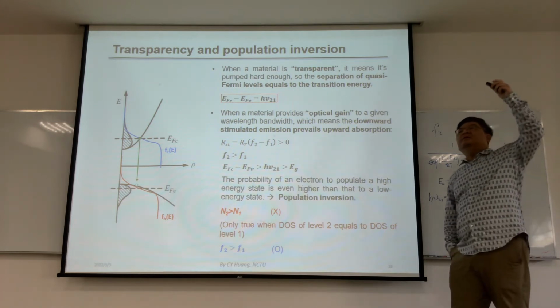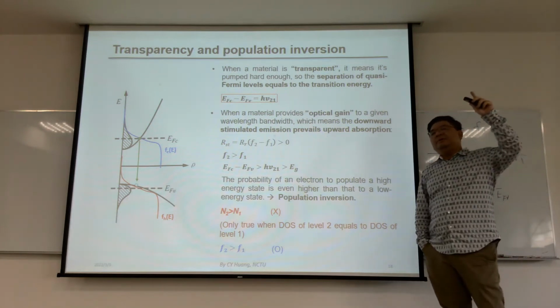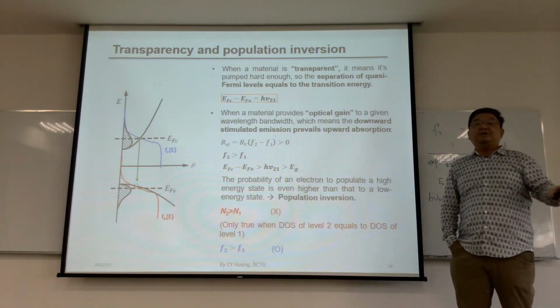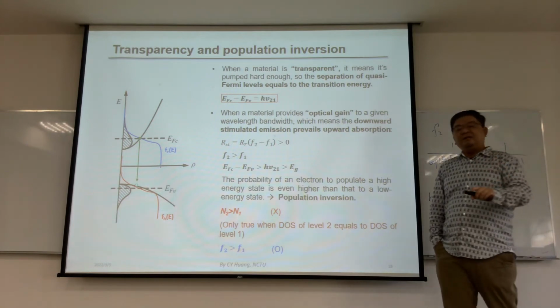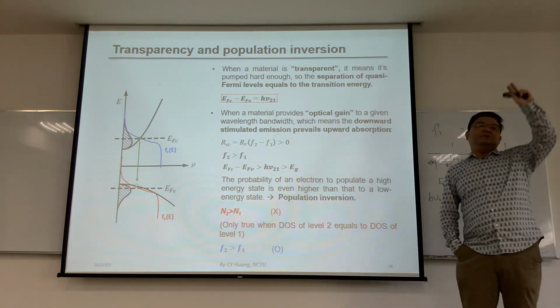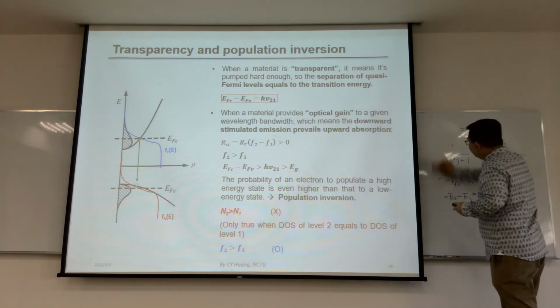If the high level has only 25 seats but your low level has 100, then you excite 10 electrons from the lower level to the higher level. It will be easier just to draw a figure.